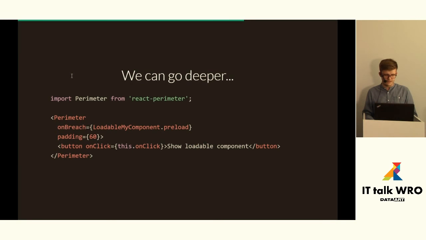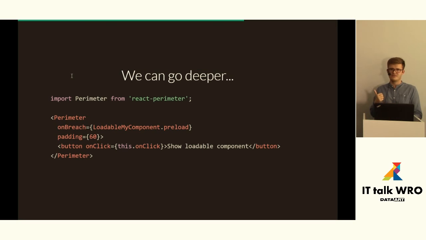And actually we can go even further. For example, there is a really cool utility component which is called perimeter. It means that it has a callback when the user approaches a specified box. For example, in this particular example, we say if the user approaches your component by 60 pixels, call the handler.